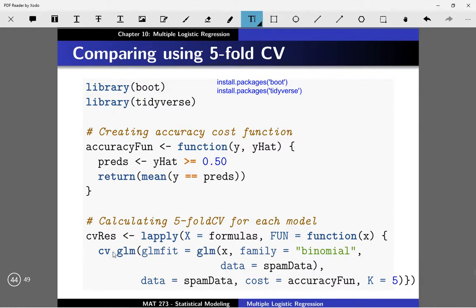And so this function allows you to specify different loss functions if you want. And then I specify k, which is the number of cross-validation folds that we want to specify. If you think about it, what's the most folds you can use for cross-validation?